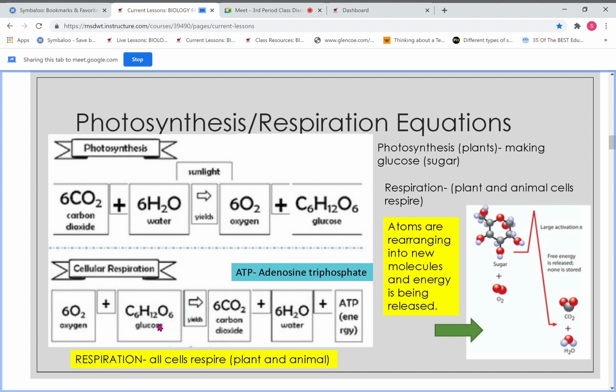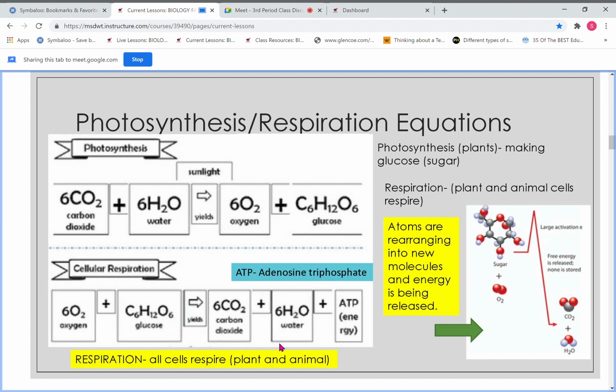So the sugar that was made in chlorophyll and what we consume as living organisms goes into cellular respiration along with the oxygen. So you have 6 oxygen. Look at it, it's the opposite of photosynthesis. 6 oxygen and 1 sugar create carbon dioxide and water.